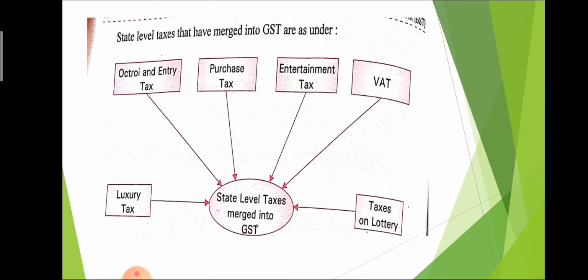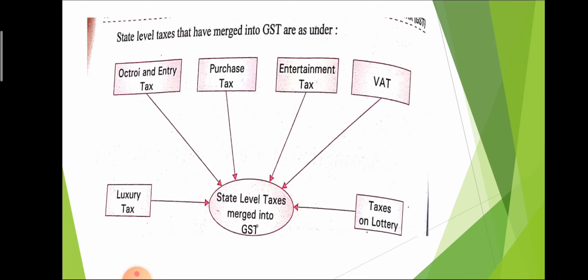And SGST is the combination of six types of taxes: octroi and entry tax, purchase tax, entertainment tax, VAT, luxury tax and taxes on lottery. It means all the six indirect taxes combine together and make one tax, that is SGST.